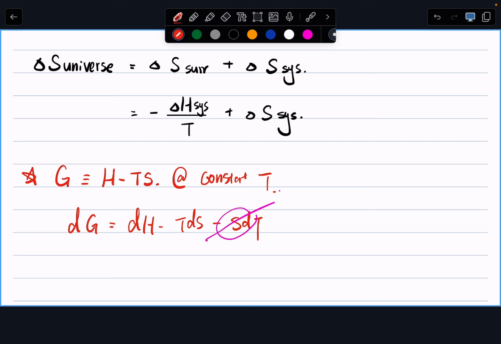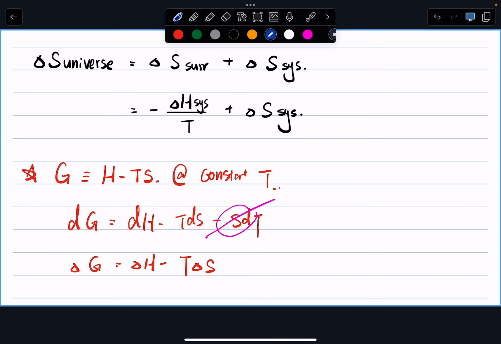You take integration on both ends, and you get delta G equals delta H minus T delta S. So in this case, we have my delta G equals delta H minus T delta S.